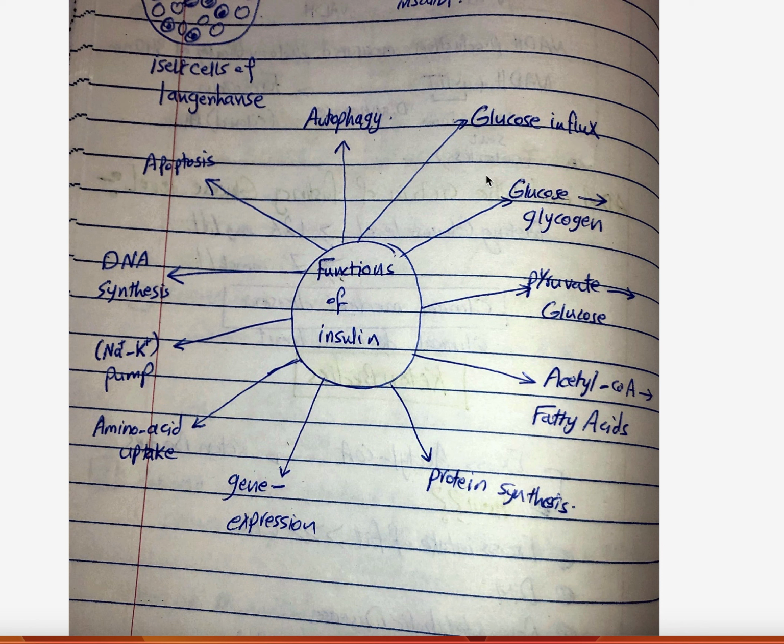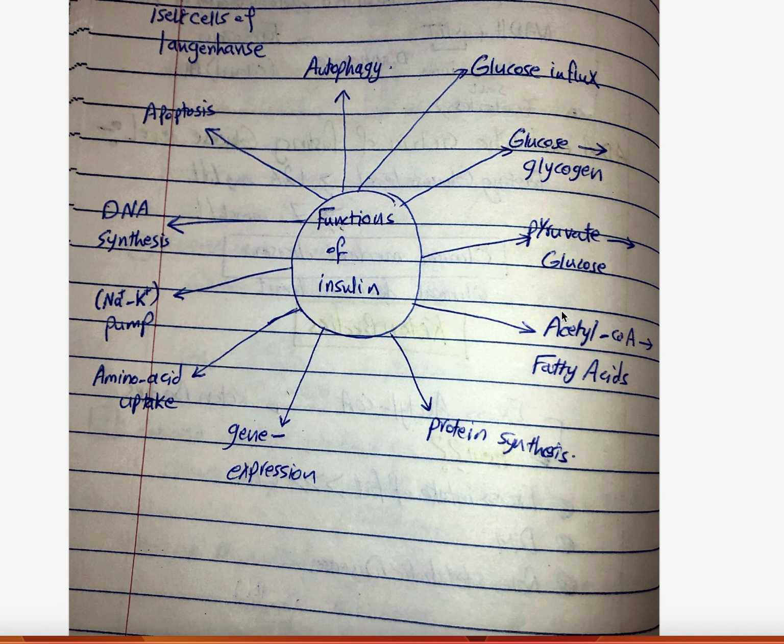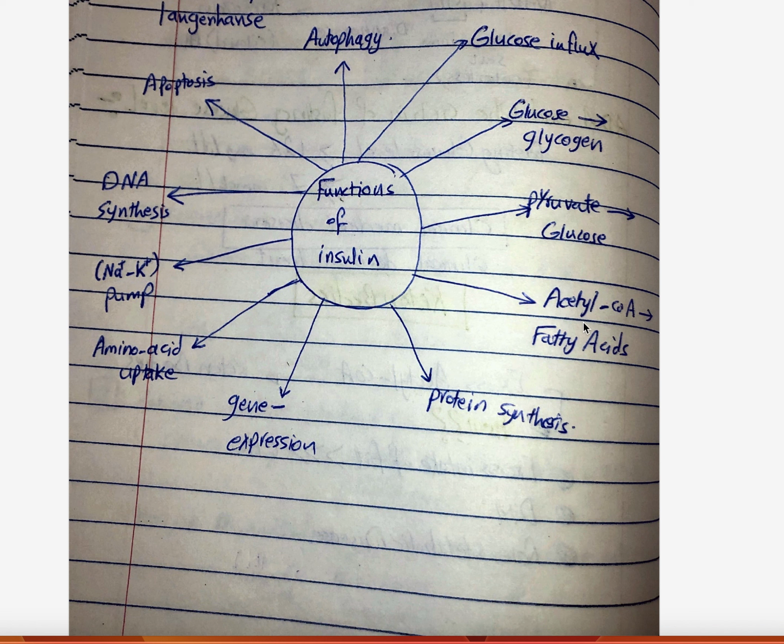That means it reduces the glucose level in the blood, so it may turn the glucose to glycogen, so it reduces the glucose level. Pyruvate to glucose is actually against that, since insulin reduces the glucose level. Acetyl coenzyme A to fatty acid, it's anabolic, it actually produces protein, and it's against lipolysis.